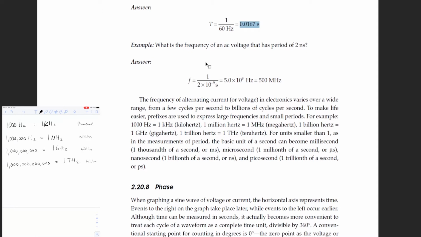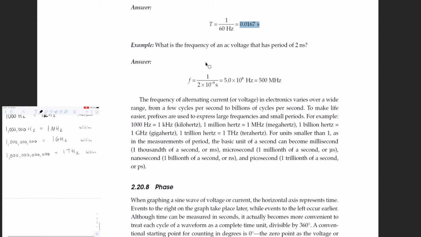Okay, so for units smaller than 1, as in the measurements of a period, the basic unit of a second can become milliseconds, 1,000th of a second.